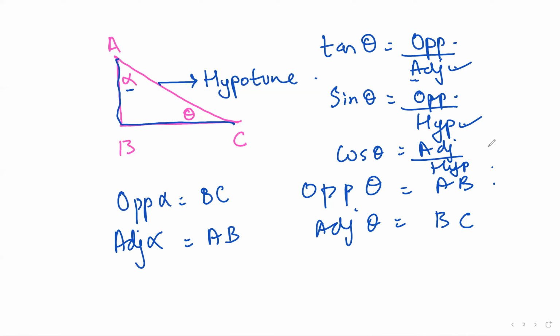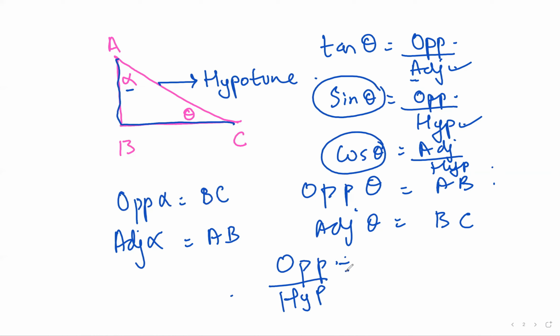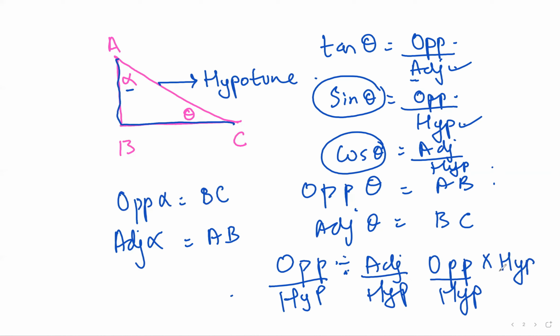Now there is one derivation here which is very interesting, kiddos. Look, pay attention. We will just focus on these two: opposite over hypotenuse divided by adjacent over hypotenuse. Applying the division rule, we take opposite over hypotenuse multiplied by hypotenuse over adjacent; this cancels, this cancels.